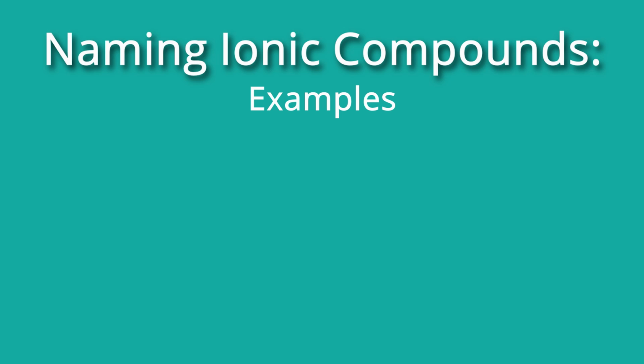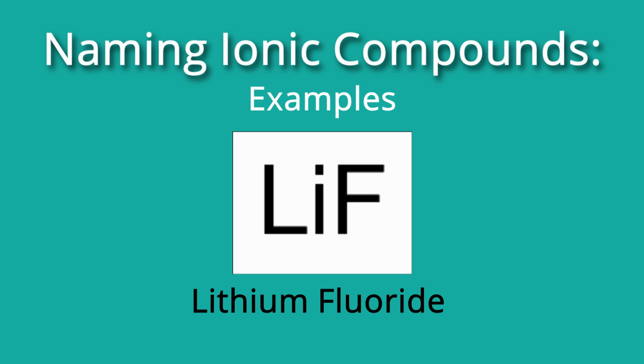In the example of lithium fluoride, it's a combination of lithium and fluorine. So lithium is the cation, and fluorine is the anion. And so the cation goes first, lithium, followed by fluorine, but you change the last bit to "ide." So it becomes lithium fluoride.